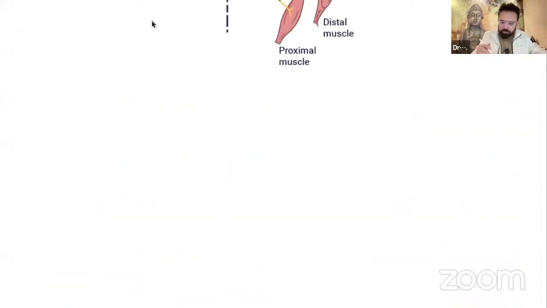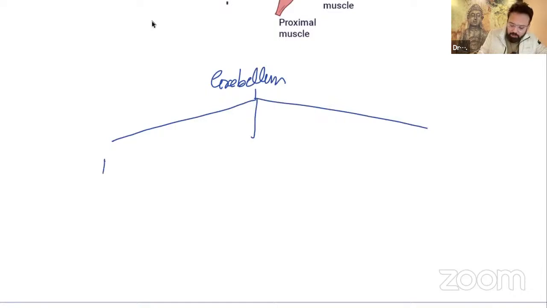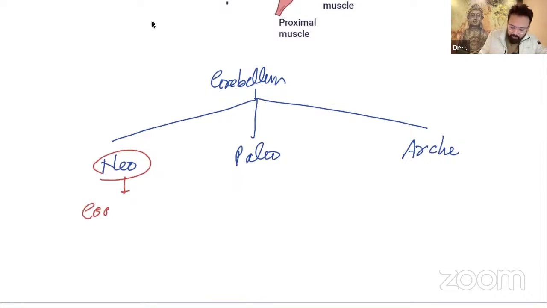Okay. See, the cerebellum has 3 parts. One is called neocerebellum, other is paleocerebellum, third is archicerebellum. Neocerebellum, doctor, is for coordination of movement.